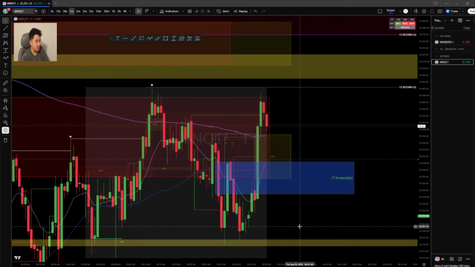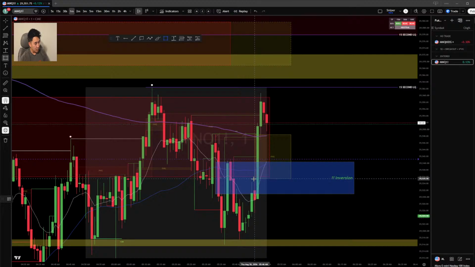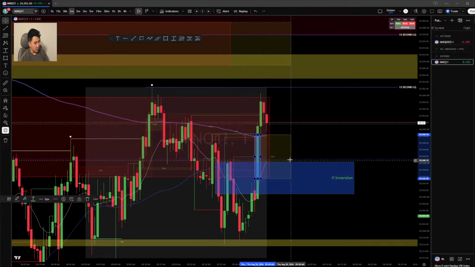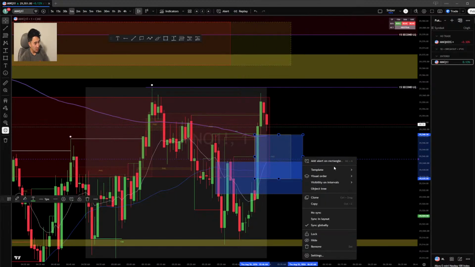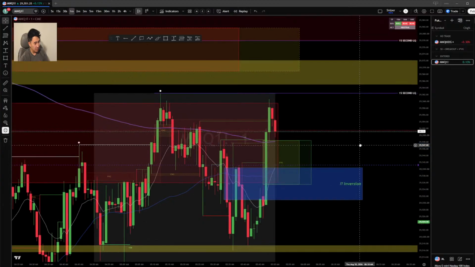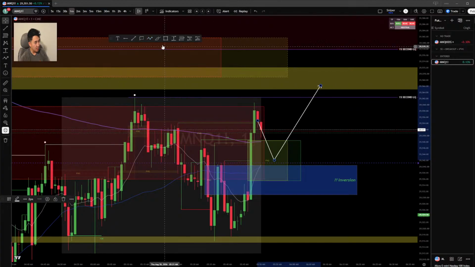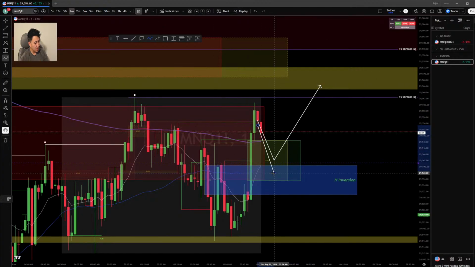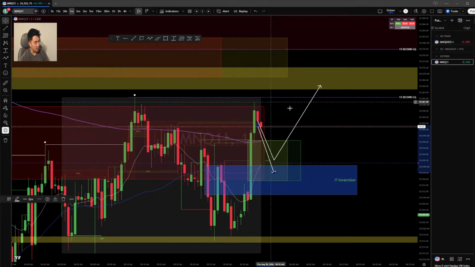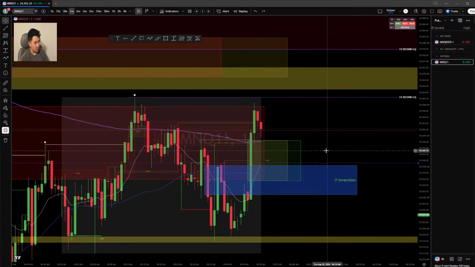It may just tap this bullish FVG here and then go on up without tapping into this bullish inversion, this bullish gap. So it might just tap here and go up. But if we come all the way back down to this zone and then go back up, then we'll look for a setup there.